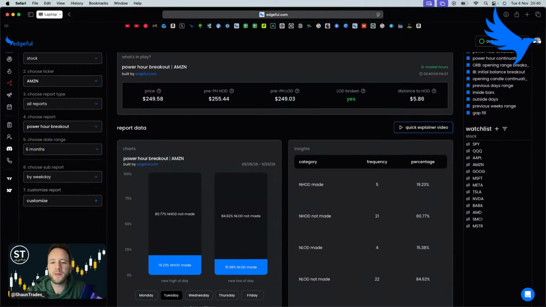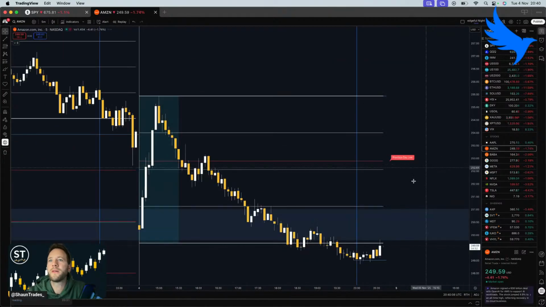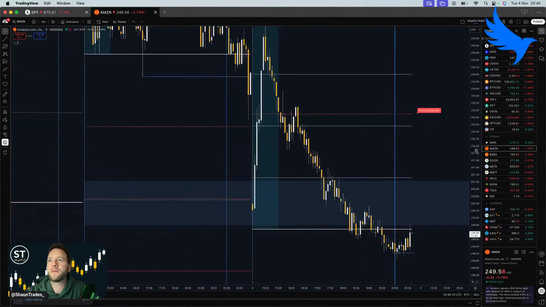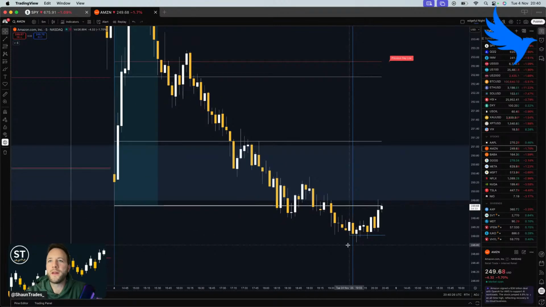Let's jump into the chart and I'll show you what happens at Amazon today. The last hour started here, which is this blue line, and it subsequently broke the lows of the day, which was set just before the turn of the hour there. And they broke straight away.